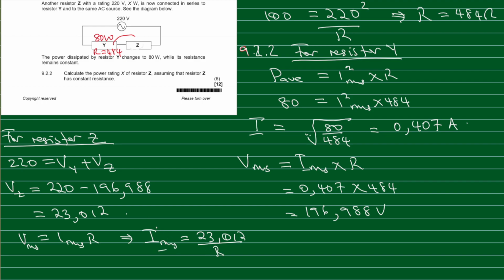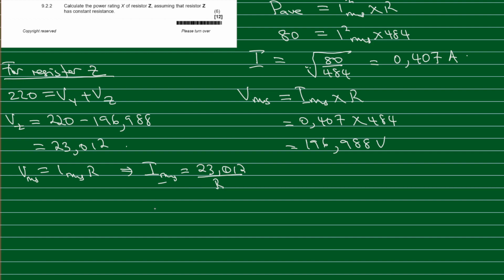Now the IRMS, we know the current that is there is 0.407 because it's still the same one. So 0.407 is equal to 23.012 over R, which gives us R equal to 23.012 divided by 0.407.